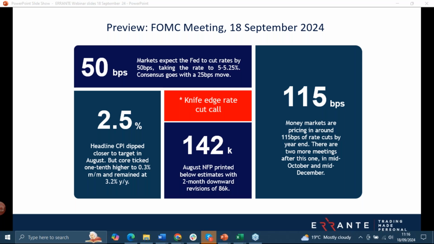I should say the consensus for Wall Street analysts is very much swayed towards a smaller 25 basis point cut. As you can tell, there's a lot of speculation around this, and that will be a key driver for volatility in markets, with people really undecided on what will happen.